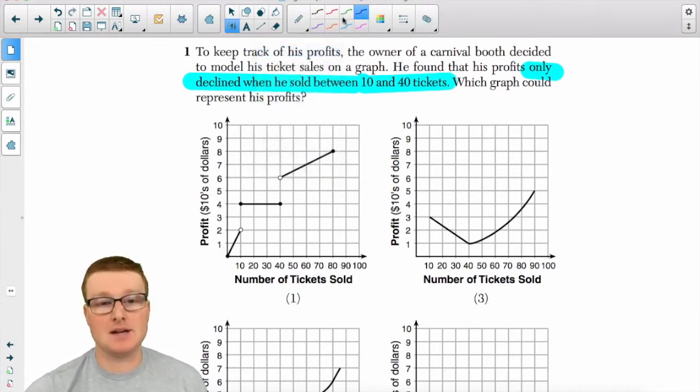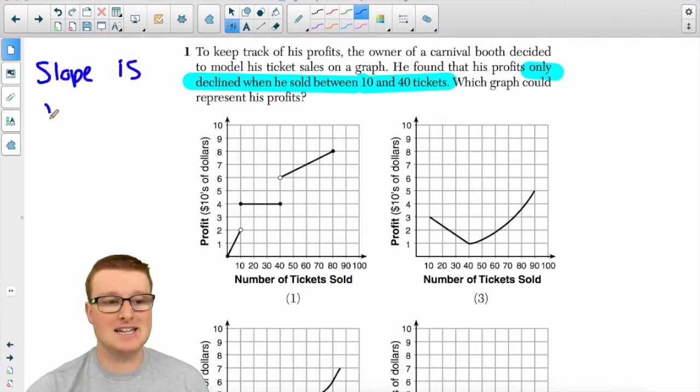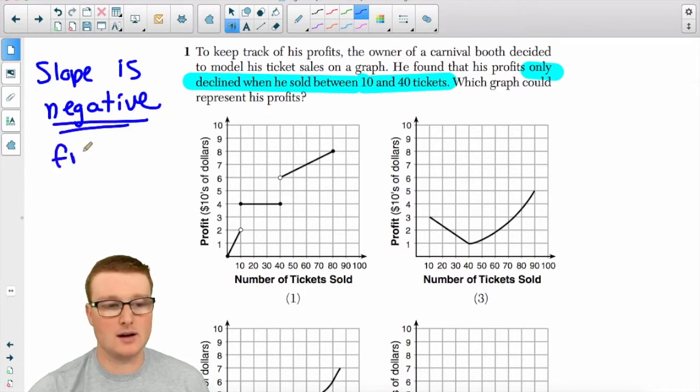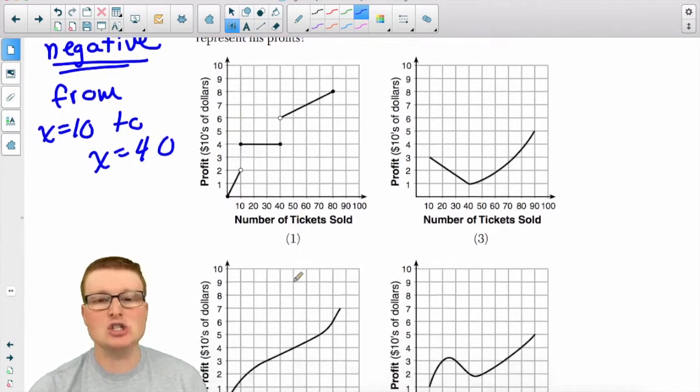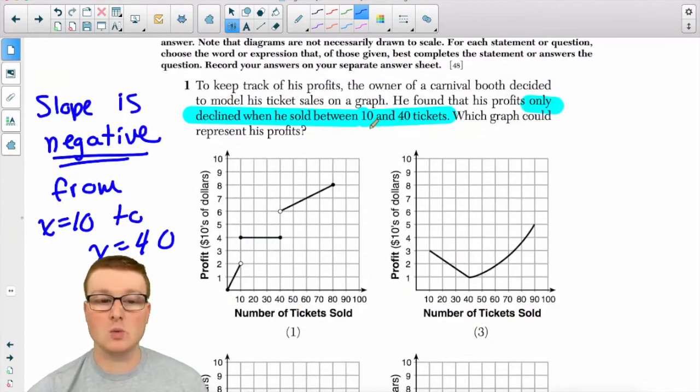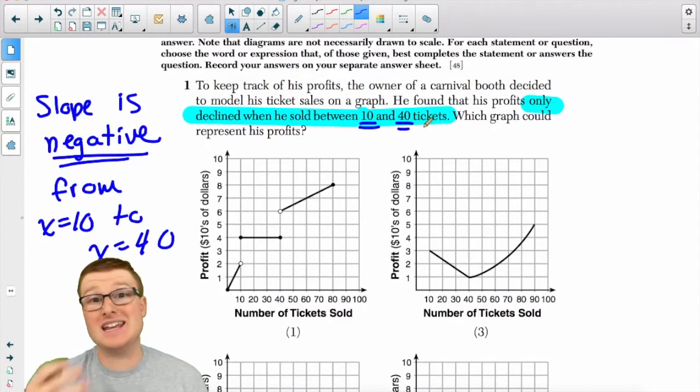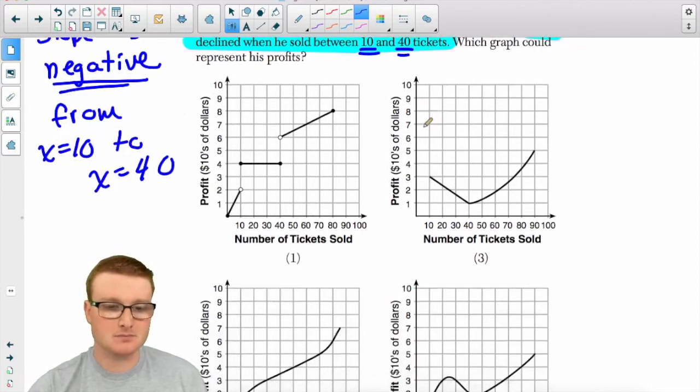So what's happening is the slope is negative from x is equal to 10 to x is equal to 40. So if you look at the graphs and if you look at the number of tickets sold, let's find the one where it only decreases from 10 to 40 and then increases after that.